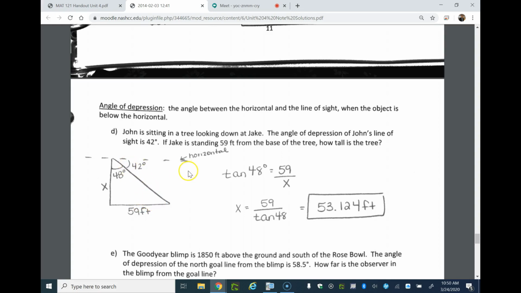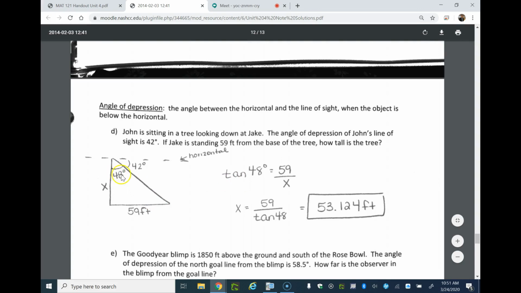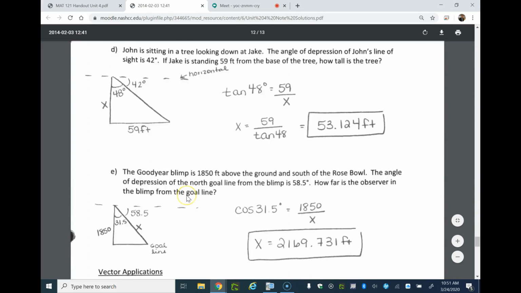So if you want to stay consistent using the elevation, if this angle here is 42, then this angle here is also 42. So anytime you see angle of depression and you put this angle on the outside, just know the opposite angle over here is going to be equal to it. So it really doesn't matter which one you use. You can use the 48 or you can use the 42. Just if you use the 48 one, this is where we put the one on the bottom.